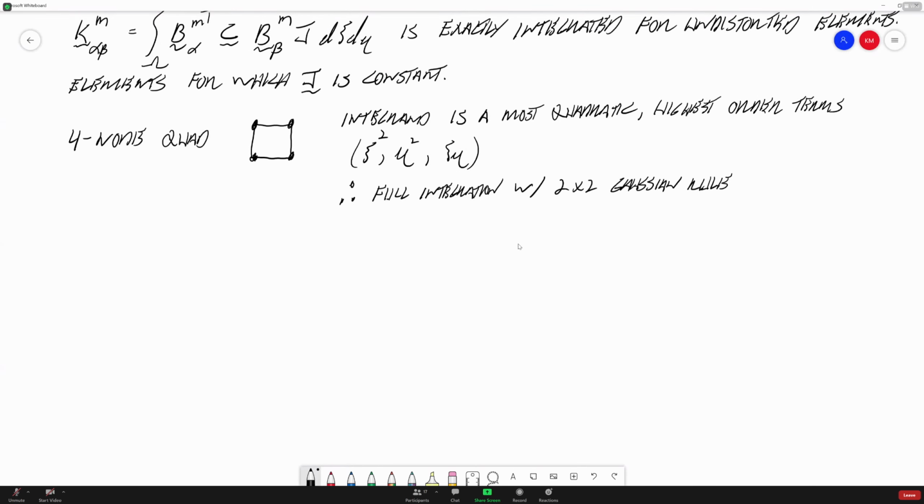For an 8-node element, the integrand has psi nu, mu psi, psi.